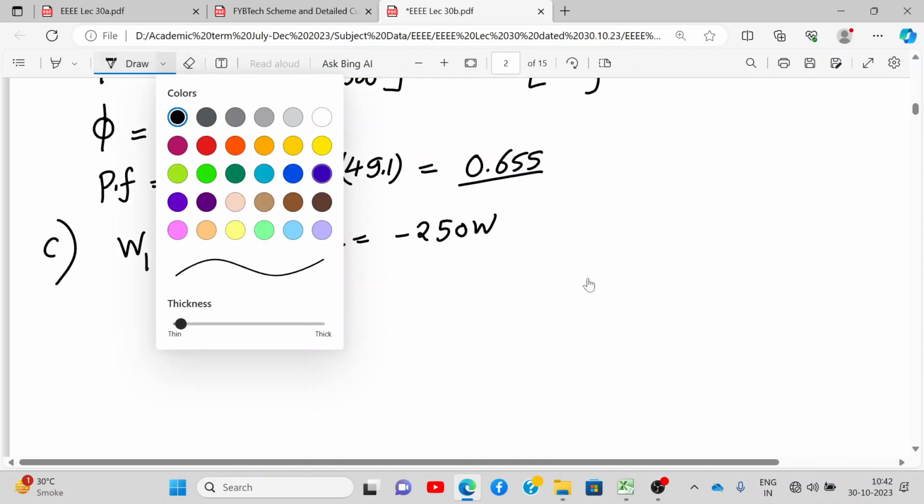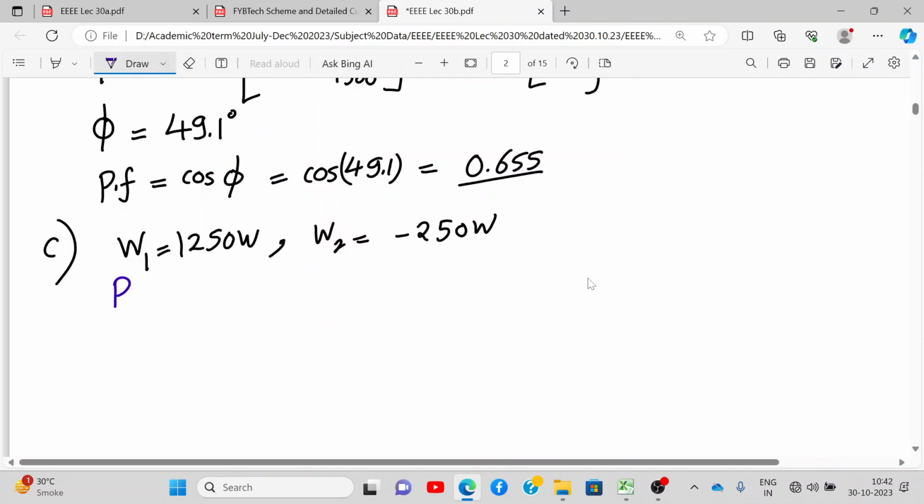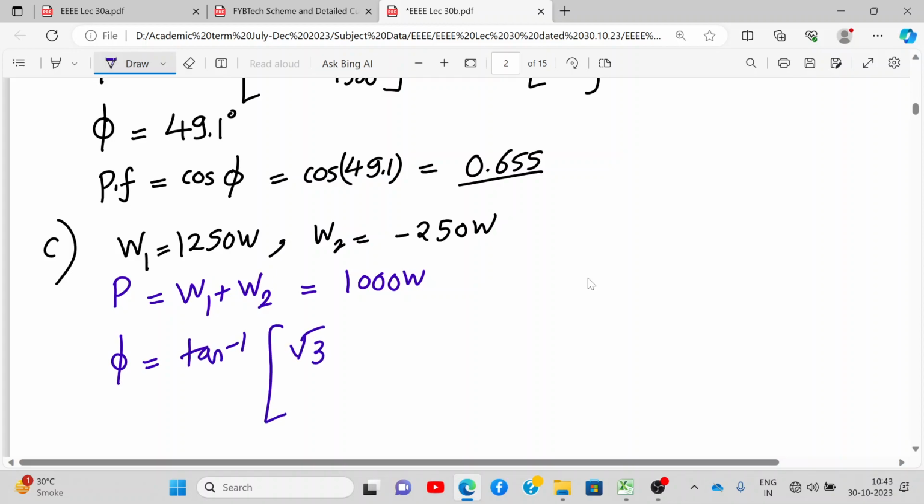So what will be the total power consumed? How much will that be? 1000. Understood? Now calculate phi: tan inverse of root 3 (W1 minus W2).